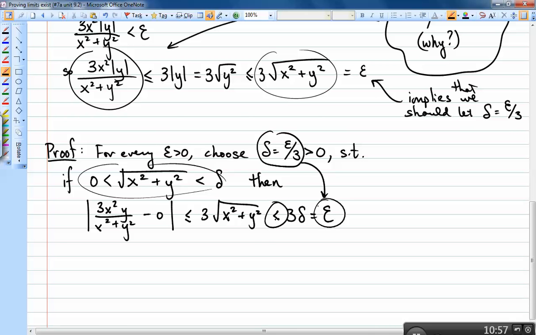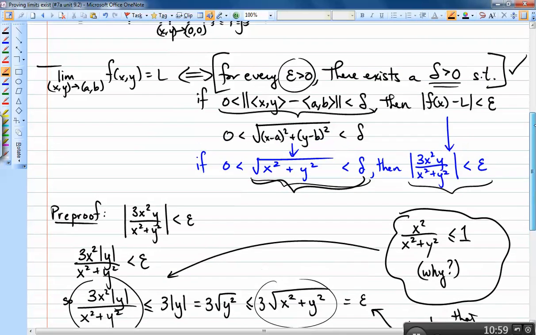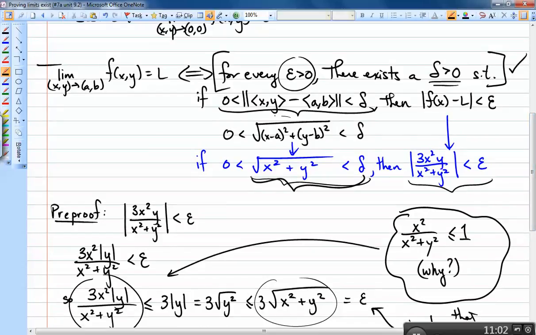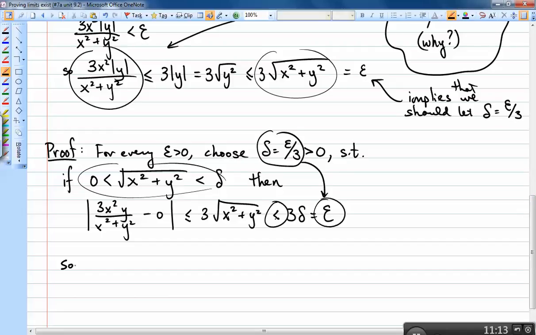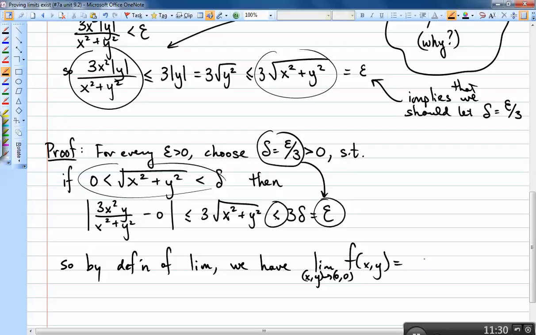So that's actually what the whole proof is saying here. If this is true, between 0 and delta, then this is true. That's what we just proved. And that's the definition of a limit there. So by definition of limit, we have limit as xy goes to 0, 0 of f of xy equals the limit that we found, which was 0.